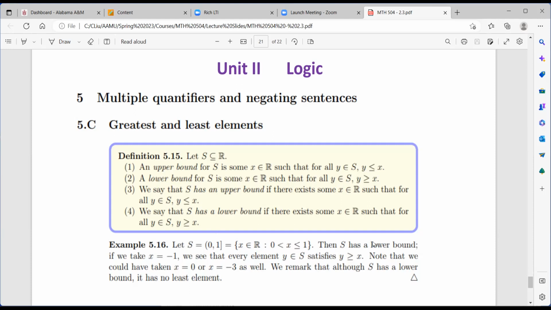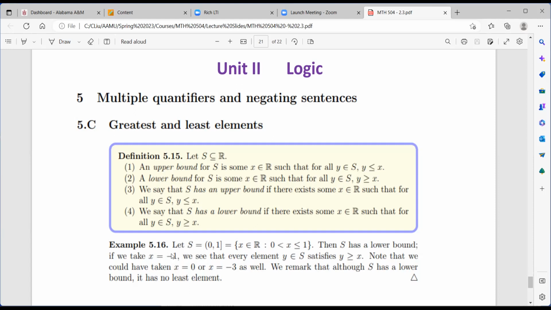All right. So obviously S has a lower bound. For example, -1. You can see all the numbers between 0 and 1 are greater than -1, or -1 is less than any number in S. Okay, so that's a lower bound for S. But it's not unique.